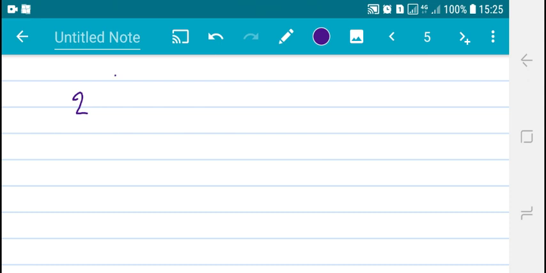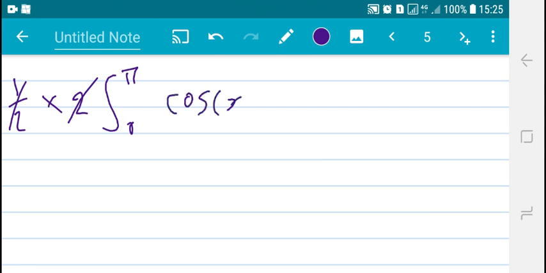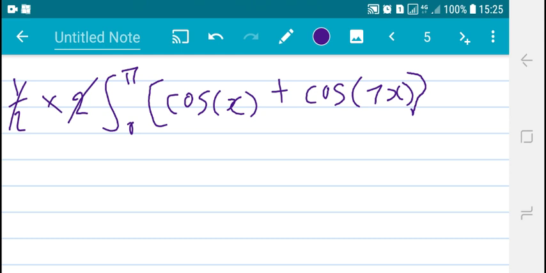So it should be 2 times from 0 to pi, using that result that both terms in the integrand are even. So multiply these two out, and then we had cosine of x plus cosine of 7x dx.